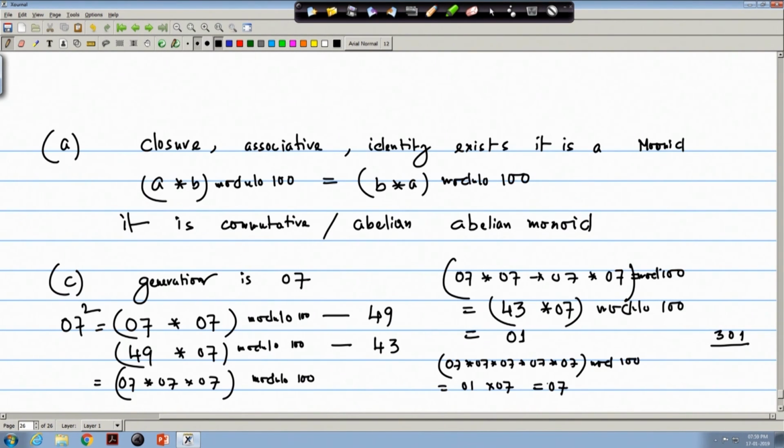So, it is cyclic in nature. The generator is 07, then it generates 49, then 43, then again 01, and now it will repeat.